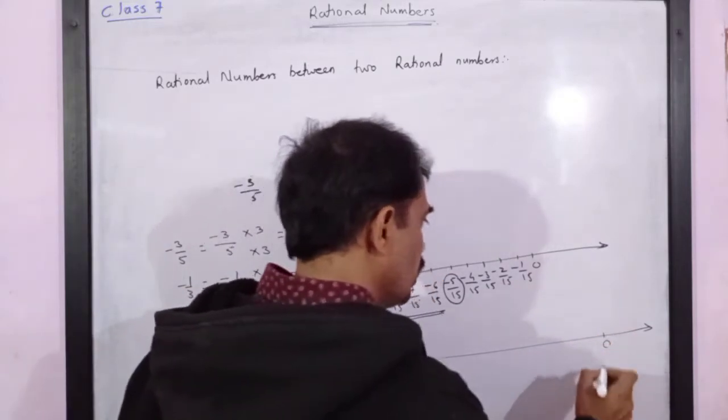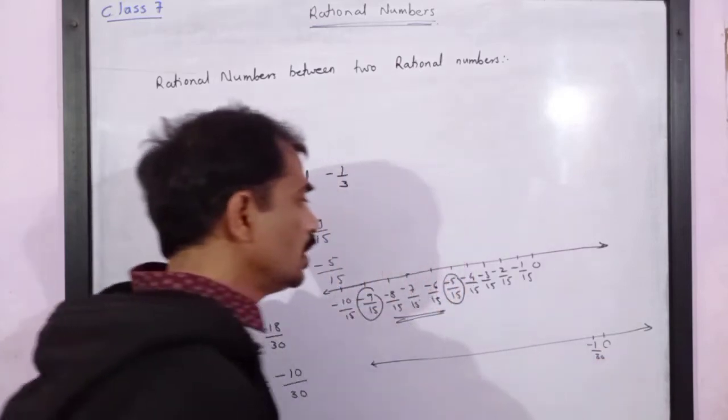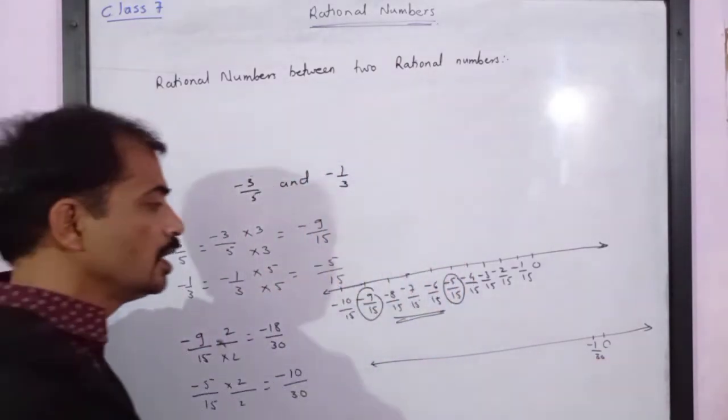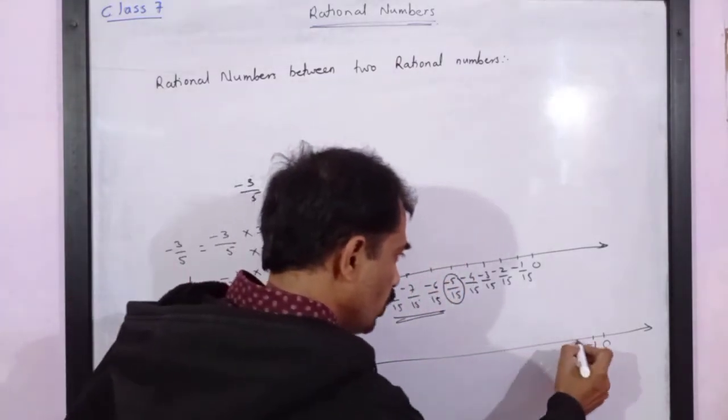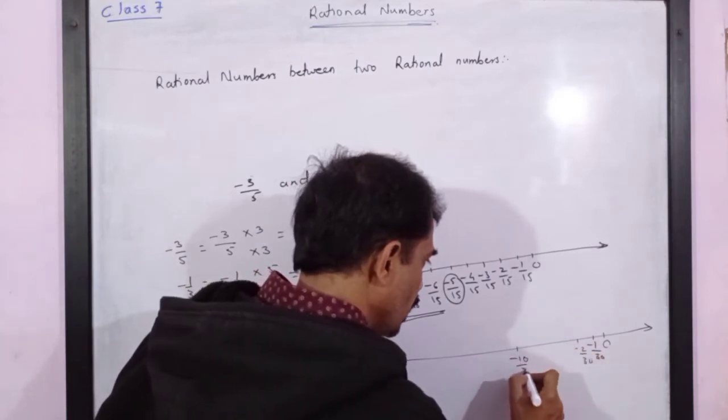This is 0. This will be negative 1 upon 30. If you go on plotting, somewhere you will get negative 2 upon 30, somewhere negative 10 upon 30.